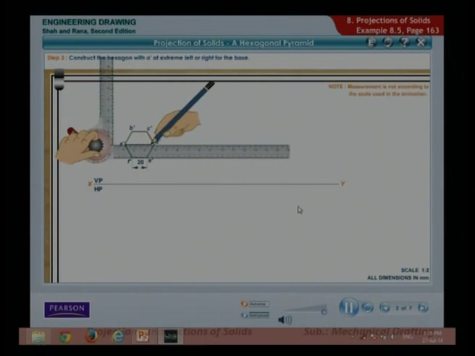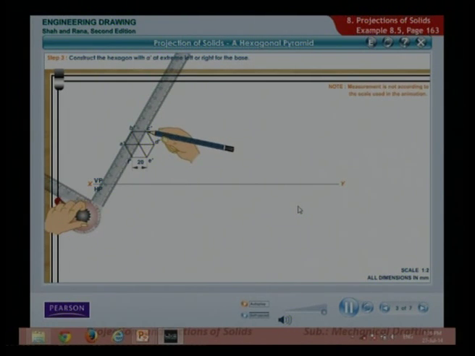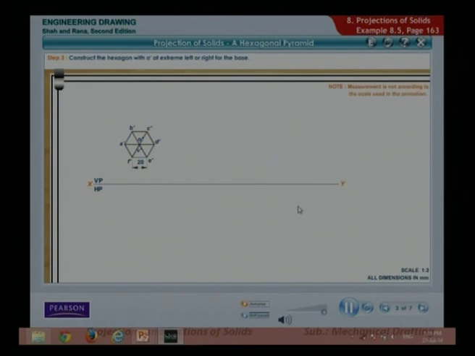Join O' to points A', B', C', D', E', and F' with thick lines. This drawing represents the top view of the slant edges of the hexagonal pyramid.